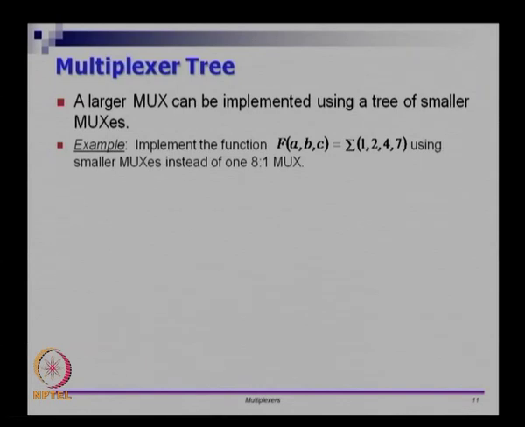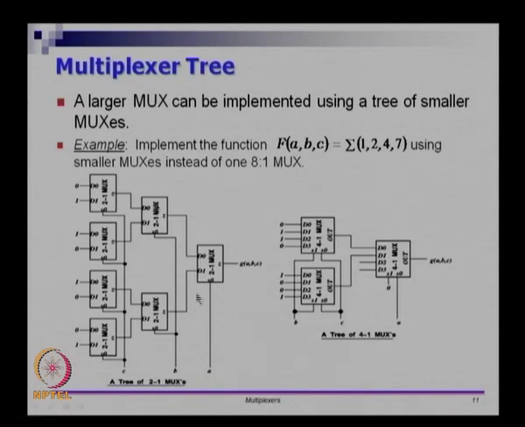I will show you a quick picture for this circuit. f of a, b, c actually demands an 8:1 mux, but instead of using an 8:1 mux, you can use either 2:1 muxes like this or 4:1 muxes like this to get the corresponding output. So what we have done is we have arranged a tree of multiplexers here.